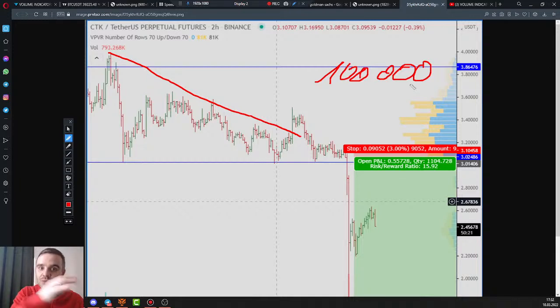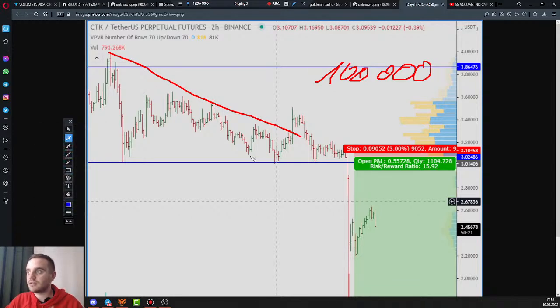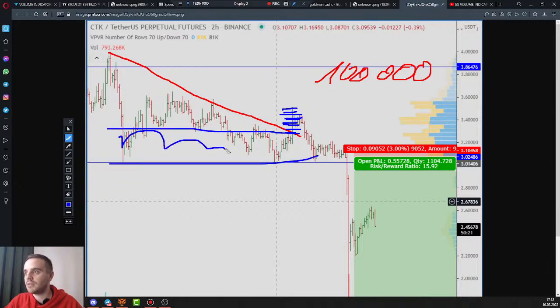There must be someone on the other side. And for whales, it is the best opportunity to sell their coins while people do a breakout trade. Also retailers especially open short trades in the middle of this range. I think you agree that quite a lot of them set stop losses above this high.